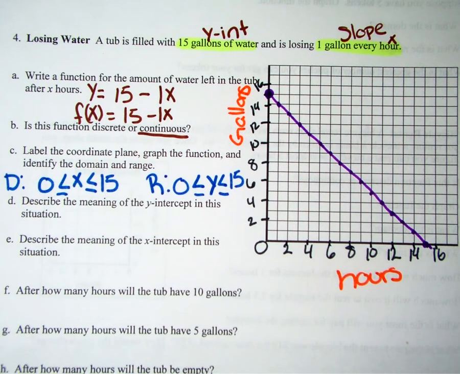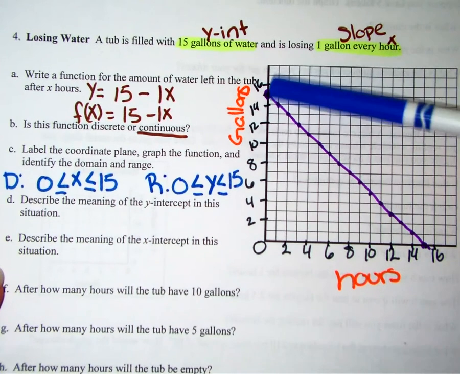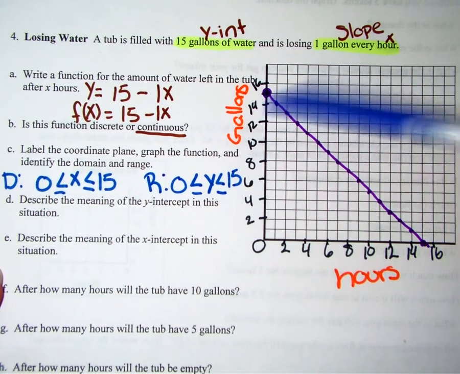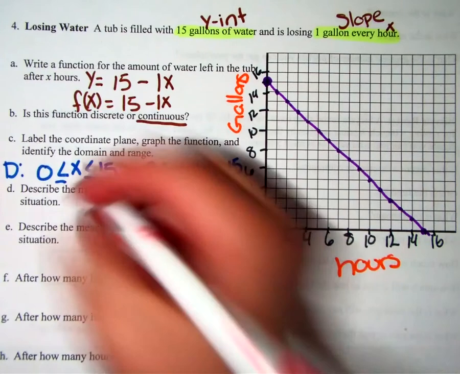Alright, so now they want you to describe the meaning of the y-intercept. So what is going on right here? It started. What is started? It's the initial amount of water inside the tub, right? So that's what we're going to write.